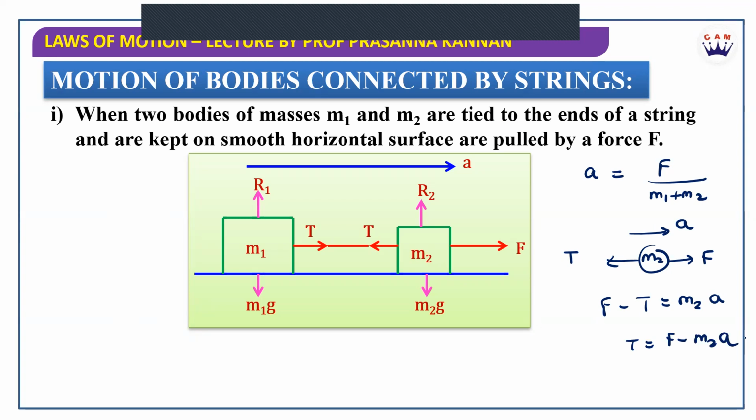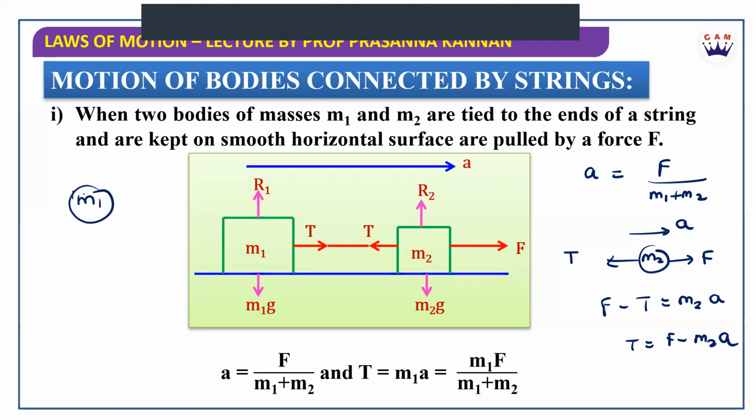You can substitute the formula for F: M1A plus M2A minus M2A. So M2A will cancel. You get M1 into A. Now let's draw the free body diagram of M1. What is tension equal to?